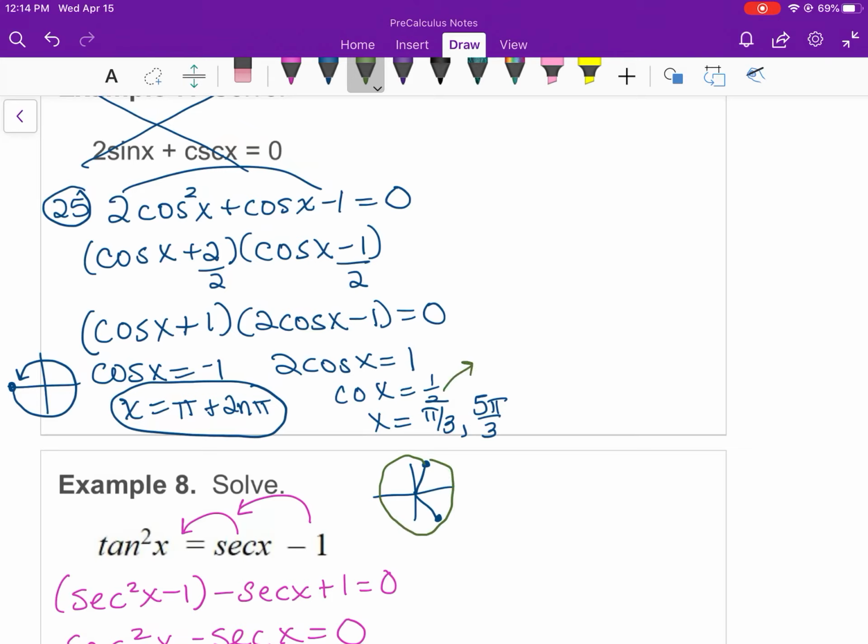So that becomes pi over 3 plus 2n pi. And this becomes 5 pi over 3 plus 2n pi for the same reason. So right now I think you can figure out that if two angles are not 180 degrees apart or 90 degrees apart, you're going to have to add 2 pi in every time.